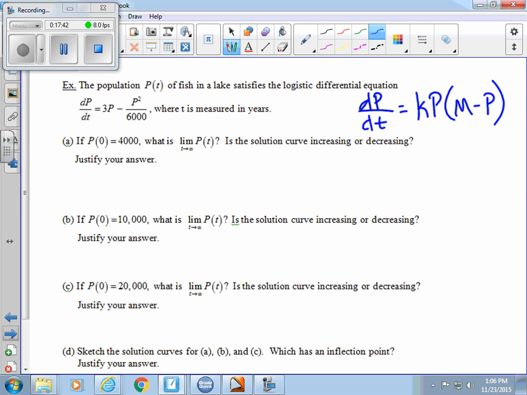If I take a 1 over 6,000 p out, I'm dividing out 1 over 6,000, right? So kind of like multiplying by 6,000. So what would I get if I take a 1 over 6,000 p out? What would I get on the first piece? Accurate guess? 18,000.